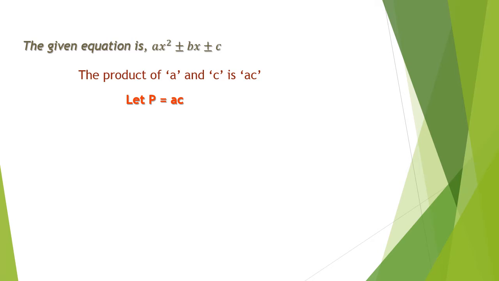If the product ac is negative also, we are not going to consider that negative sign. To suppose it P, we suppose only the positive value of ac. So P is always positive. And then we have to find two numbers.